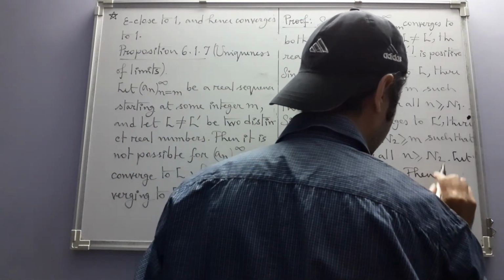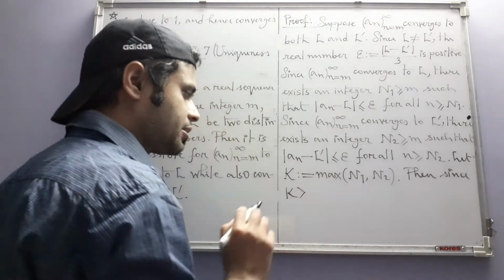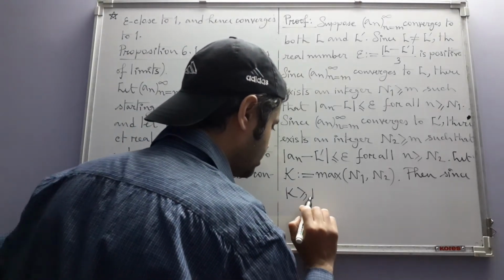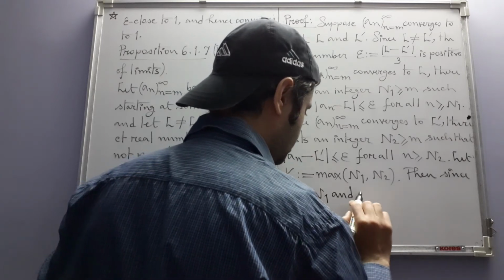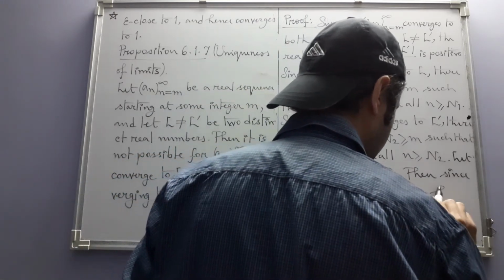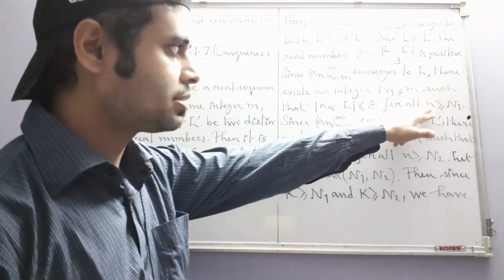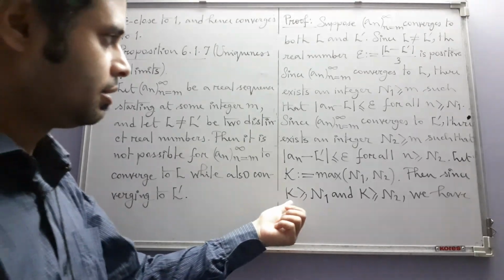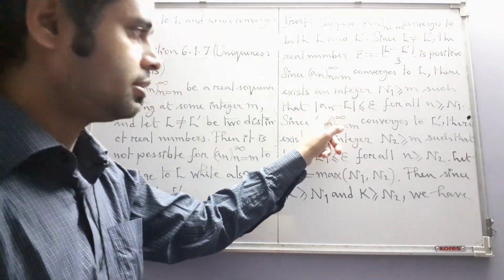Then, since k being the maximum of n1 and n2 is greater than or equal to both of them, k is greater than or equal to n1 and it is also greater than or equal to n2. So in the first set of inequalities, in place of small n, we can take capital K, because after all that is also an integer. We only need the integer to be greater than or equal to n1 in order for us to put the integer here.